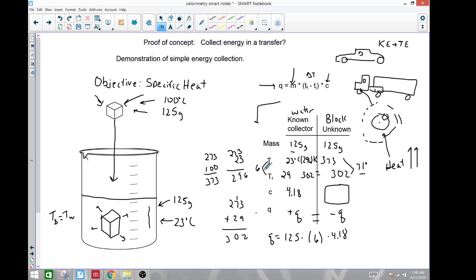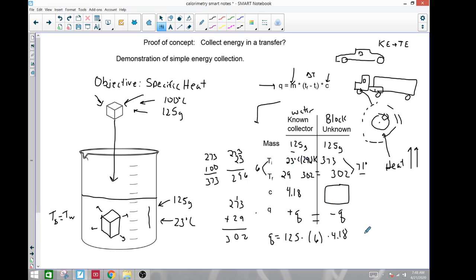This guy changed 6 degrees. This one changed 71. That's a great example of the amount of energy needed to raise 1 gram of sample 1 degree Celsius. The amount of energy needed to raise water up a degree is much larger than for this guy. Sometimes we refer to that as heat capacity. Water has a large heat capacity.